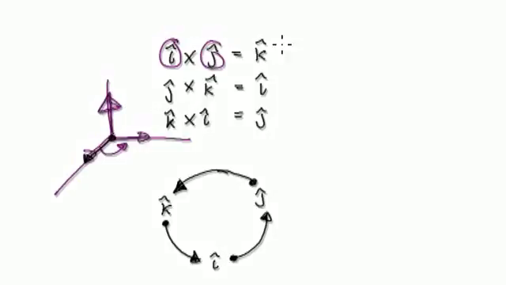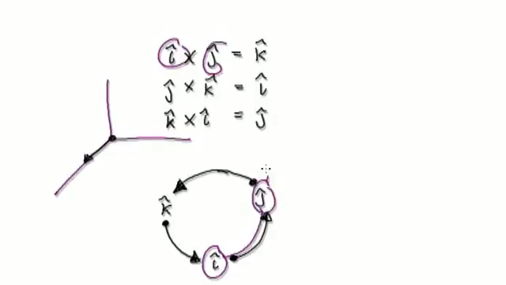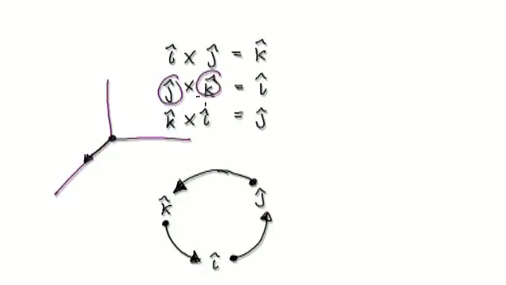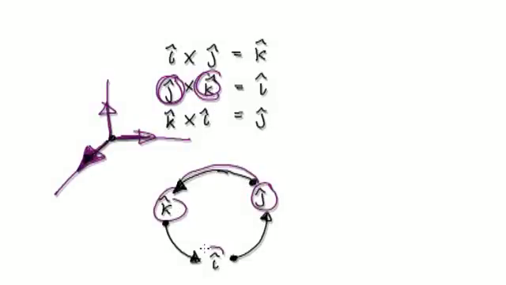It would be a straightforward K. So I cross J gives you K. If you try J cross K, so J is here, K is here, your thumb should be pointing in this comfortable direction, I. So if you cross J with K, you're moving in this direction, and the answer will be I.